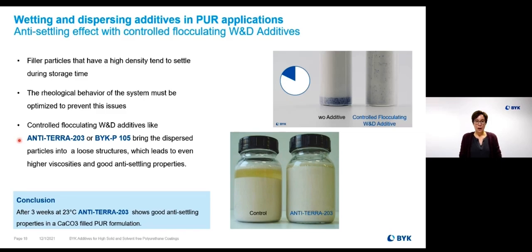So that means our controlled flocculating wetting and dispersing additives, such as Antiterra 200 or P105, bring the dispersed particles into a loose structure, which leads to higher viscosity and good anti-settling properties.